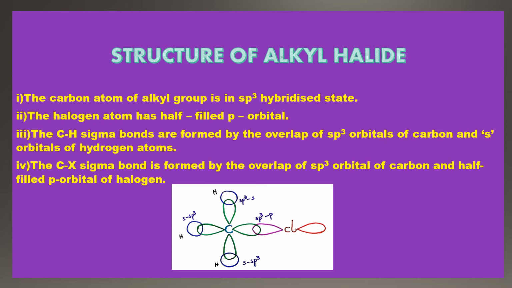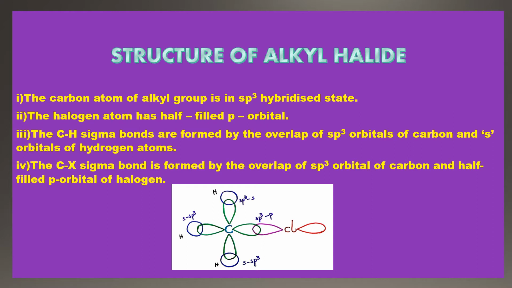See, I have written in the diagram sp3s, that is sp3 of carbon and s of hydrogen atoms. Okay, and CX sigma bond, that is carbon chlorine sigma bond, is formed by the overlapping of sp3 orbital of carbon and half filled p orbital of halogen. Okay, can you see that in the figure, students?